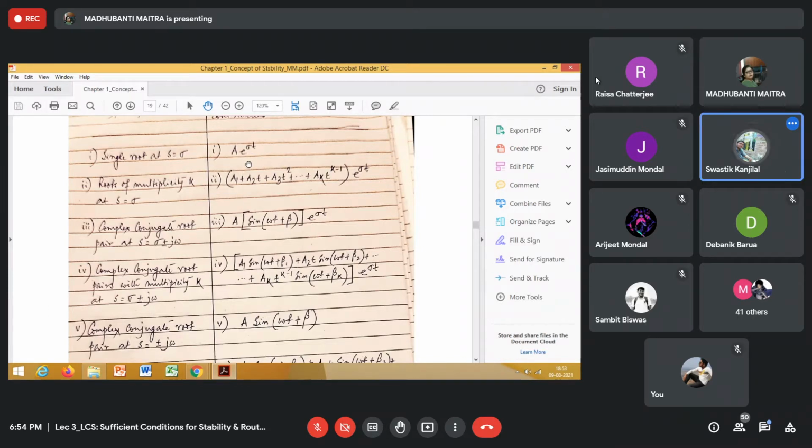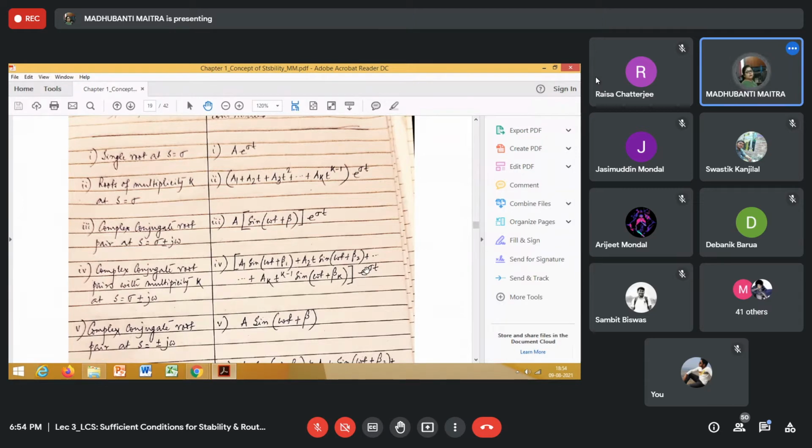It will tend to 0. So the response term will decay down to 0. And that is true for this case, and for this case also, since we have a term e to the power sigma t.